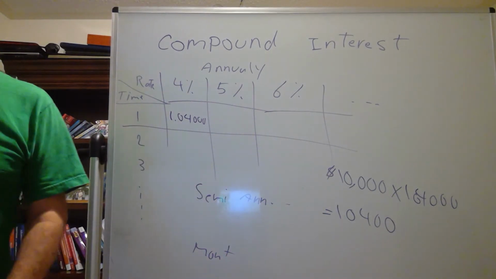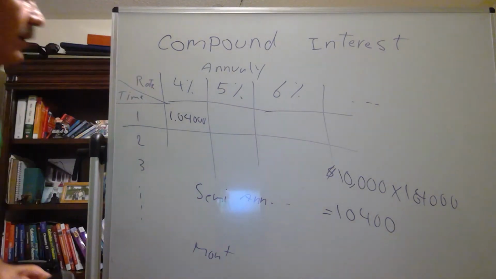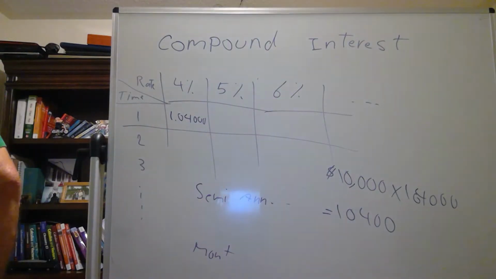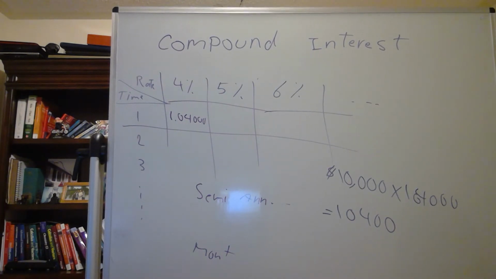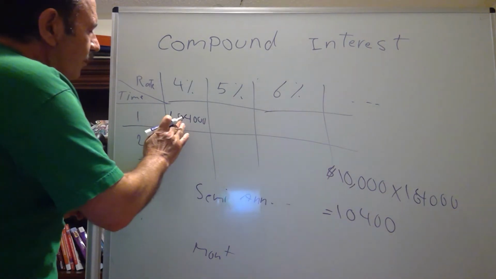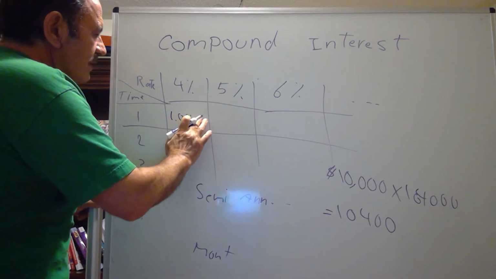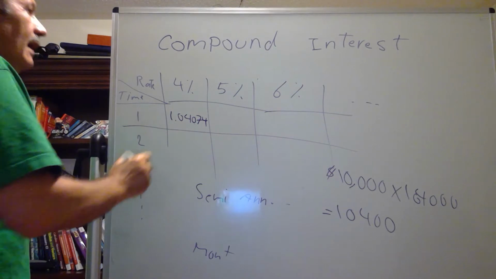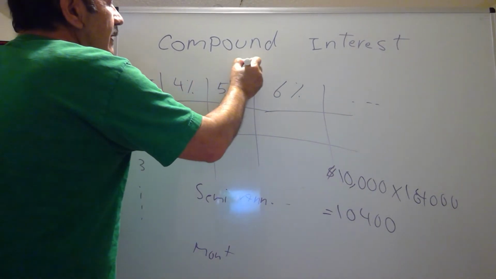Let's say I go to the compound interest table, compounded monthly. For $1 it is going to be 1.04074, if it was monthly.